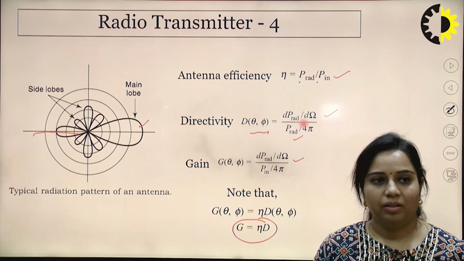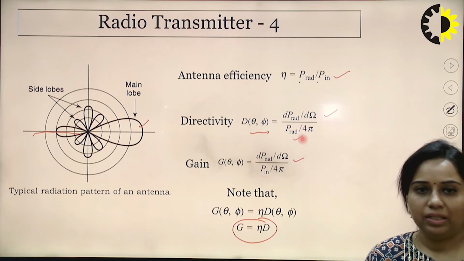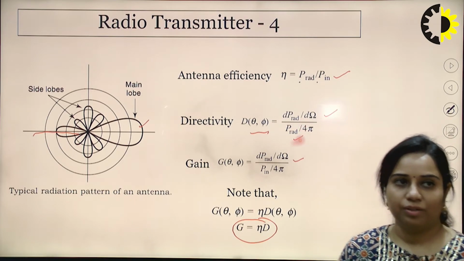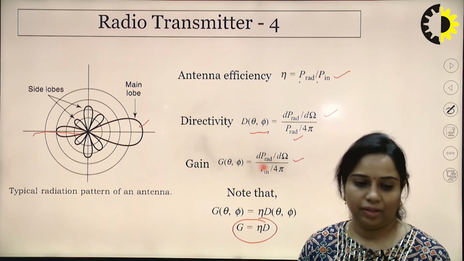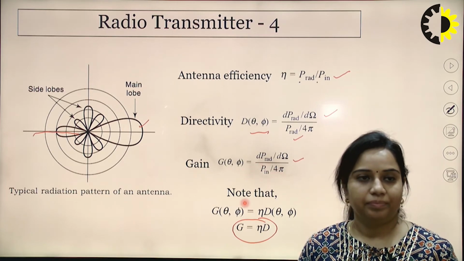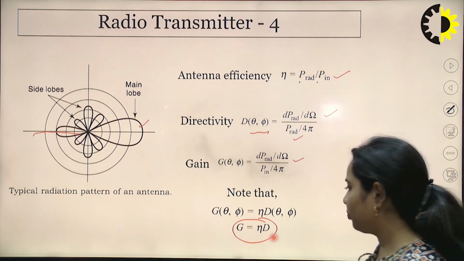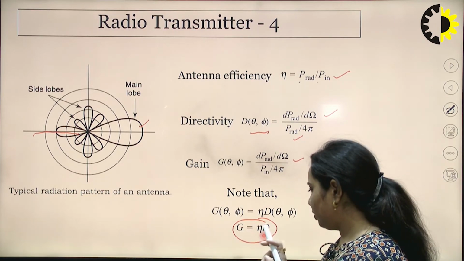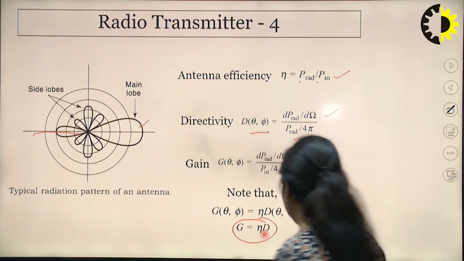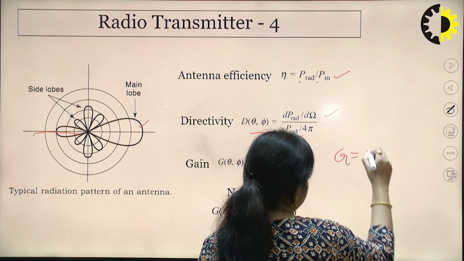Now this was for the directive antenna. Let's say we have this equation for an isotropic radiator, or an omnidirectional antenna. Omnidirectional antenna and isotropic radiator are the same thing. In that case, G will be equal to 1, so D will be equal to 1 upon eta.